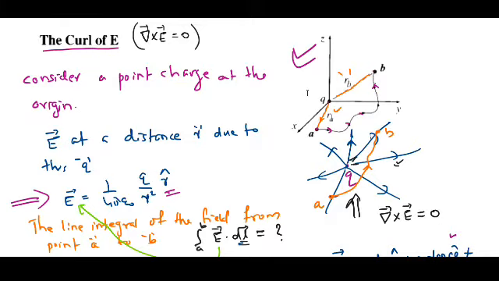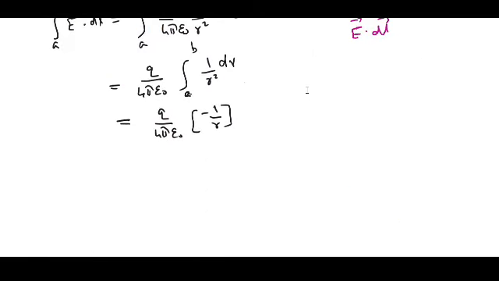Therefore I can write in this expression, instead of a and b, r_a and r_b. Then if I take the minus outside, this will be minus q by 4 pi epsilon 0 times 1 by r_b minus 1 by r_a.